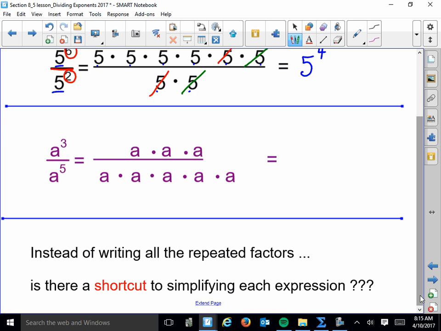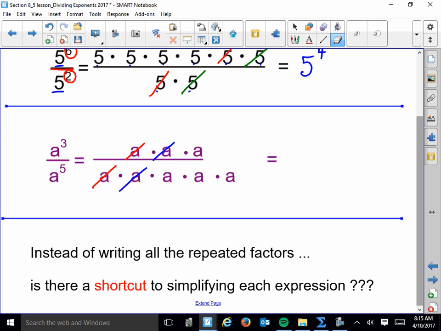Okay, all right, so we see a to the 3rd divided by a to the 5th. We know that a to the 3rd is a times a times a, and a to the 5th is a times a times a times a times a. Again, using the idea that dividing a number by itself has a quotient of 1, we are left with a over a to the 3rd.